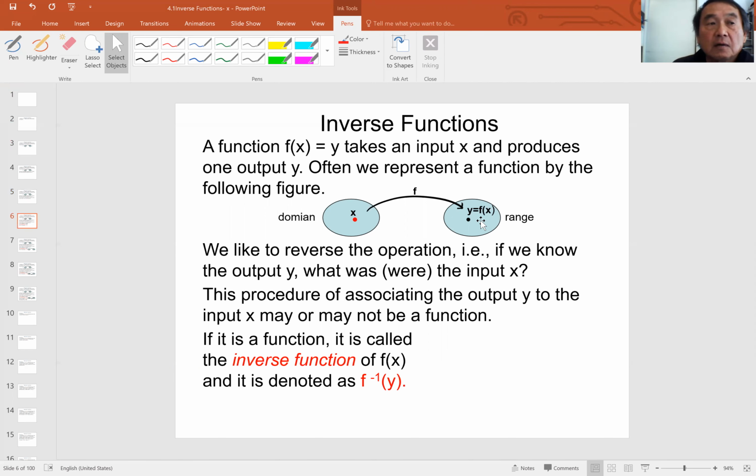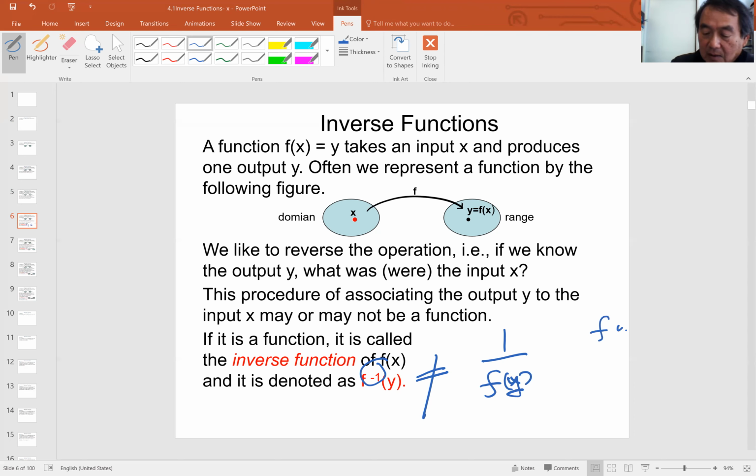If it is a function, we call that procedure the reverse or the inverse procedure. We'll call that f, and unfortunately, like exponent notation, we put a little -1 on top. Do not confuse this with 1 divided by f of x, which would be the reciprocal of the entire formula.